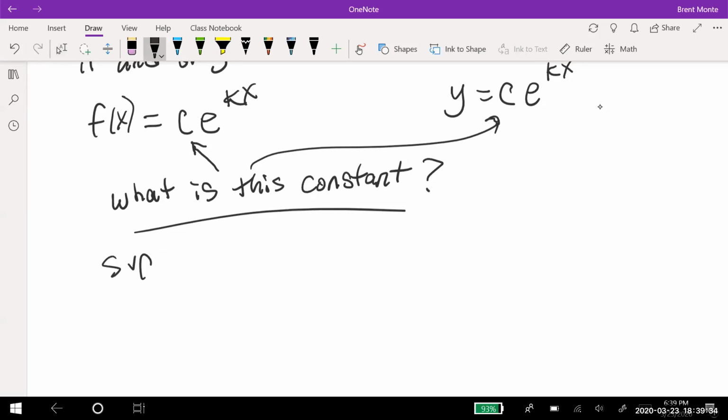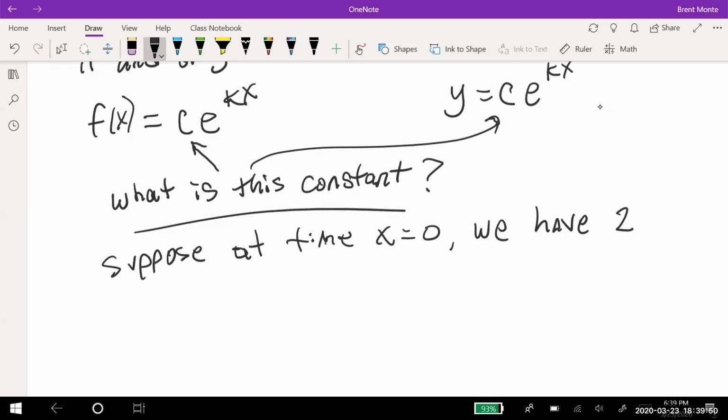Well, suppose at time t, we're using x, at time x equals 0, we have, let's just make up a number, 20.